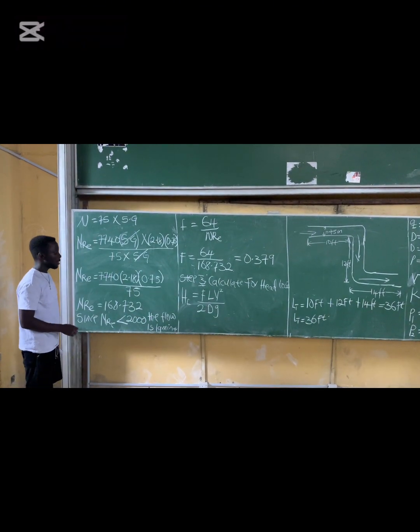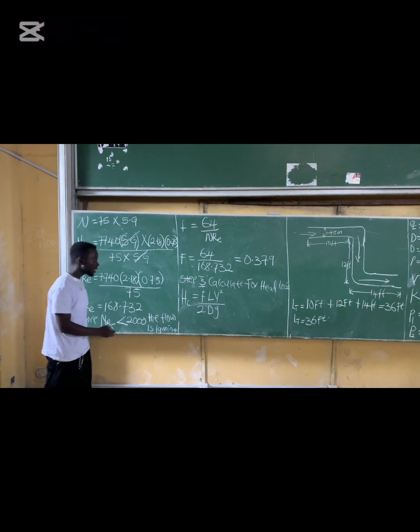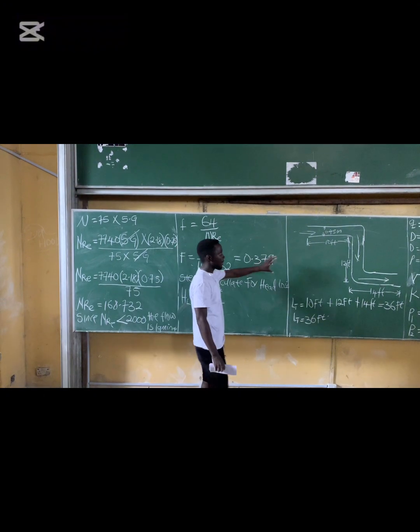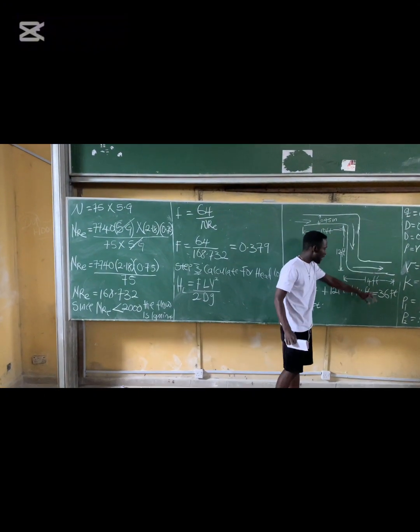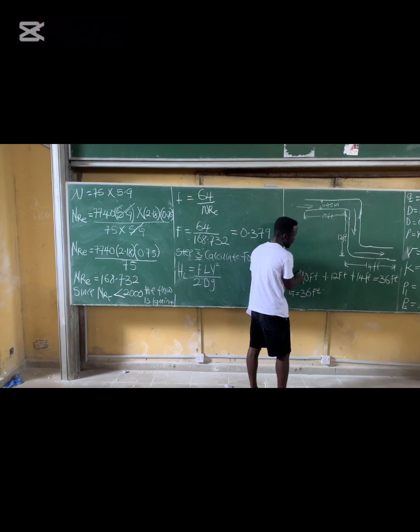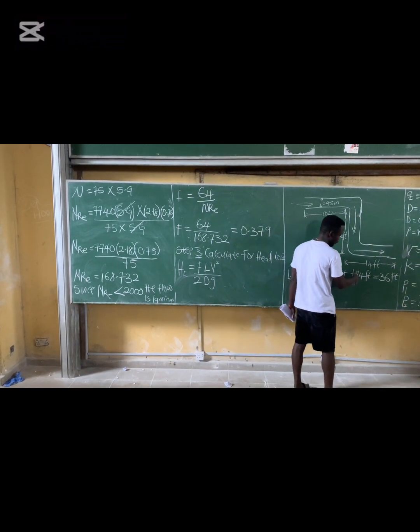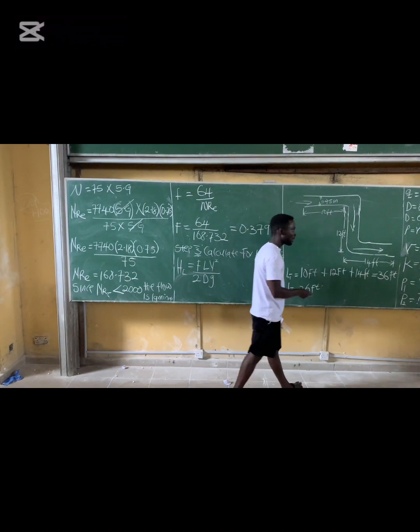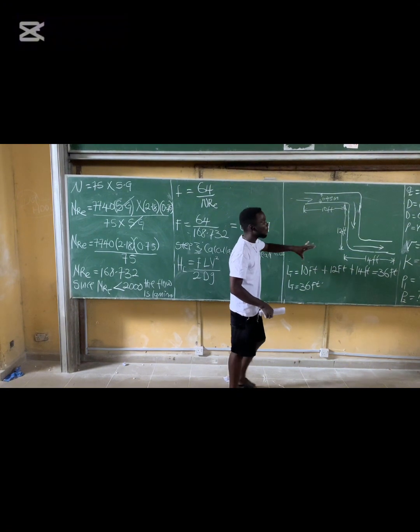Now if you look at this, this is our pipe. Our pipe has 3 different lengths. We said that the total length of the pipe is equal to 10 plus 12 plus 14, which is equal to 36.